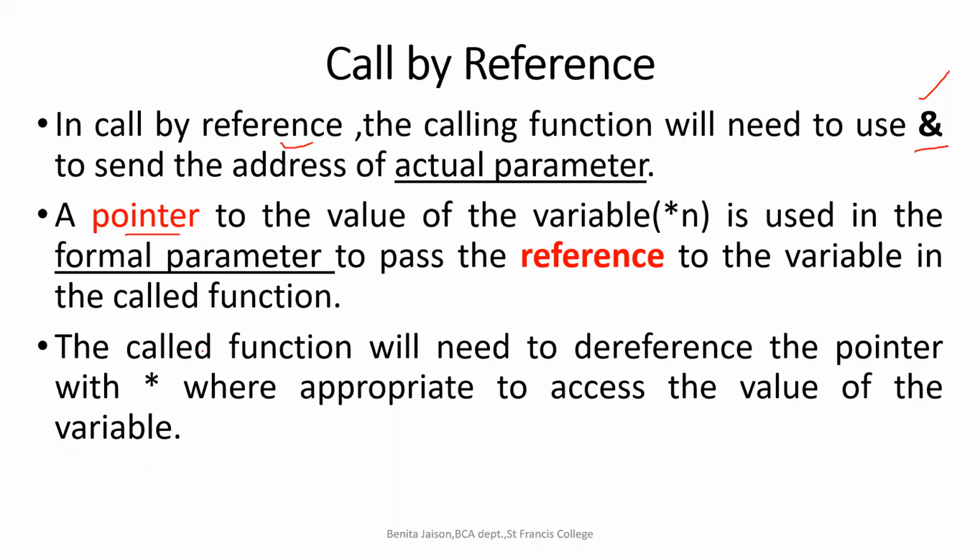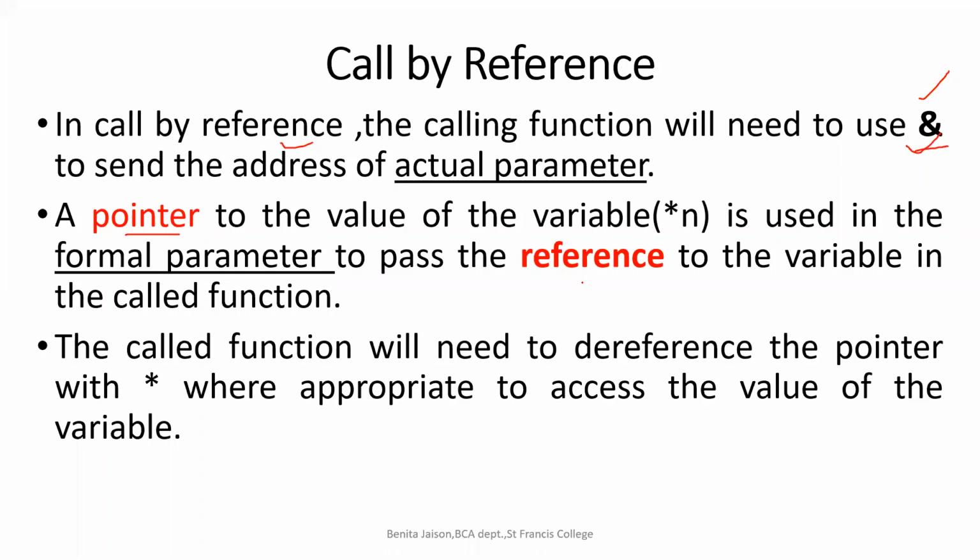When I explain, you will understand. The called function will need to dereference. So we will be declaring a pointer to hold the address, because we are passing the address, right? Which variable can have the address of another variable? Only a pointer variable, right?